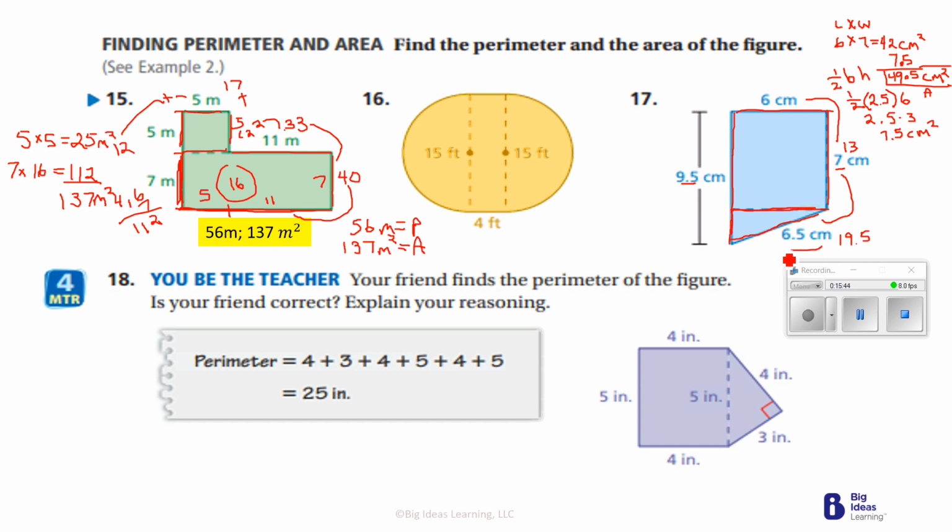And 19.5 plus 9.5, well, let's add that together. 5 plus 5 is 10, carry the 1. The decimal comes down. It's going to give me 19, carry the 1. That's going to be 29. So the perimeter equals 29.